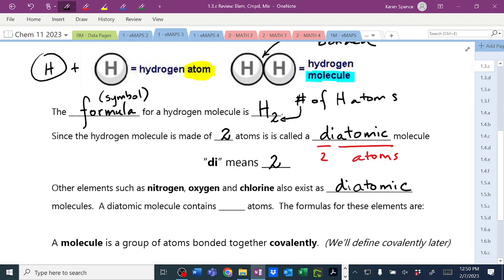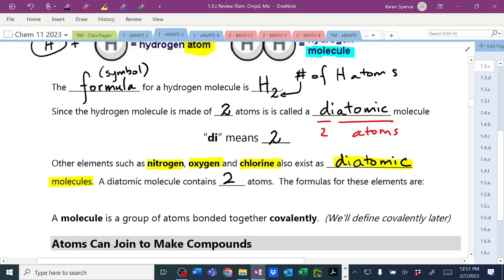A diatomic molecule contains how many atoms? 2. So let's see if you can write the formulas for these 3 elements, nitrogen, oxygen, and chlorine. Okay, give those a try, knowing that they are diatomic molecules. And it's okay if you don't remember the symbols. If you can't, that's fine.